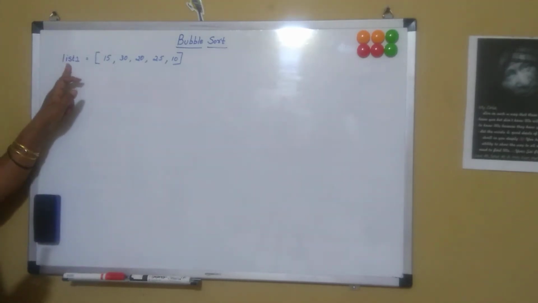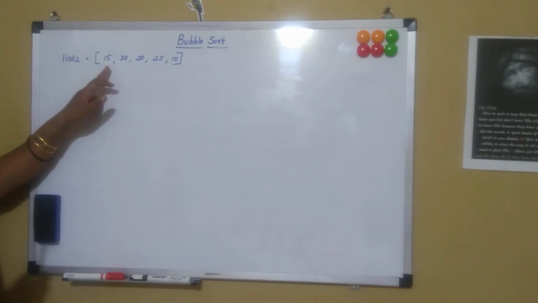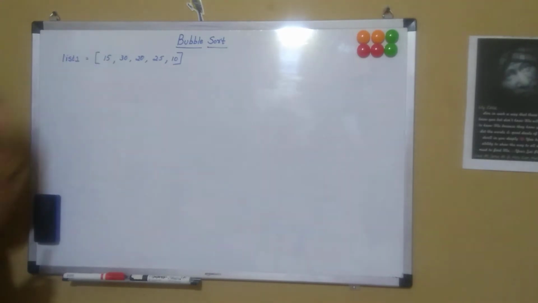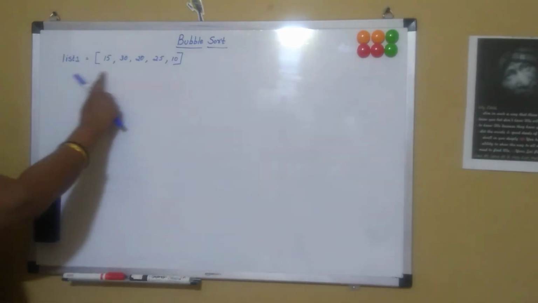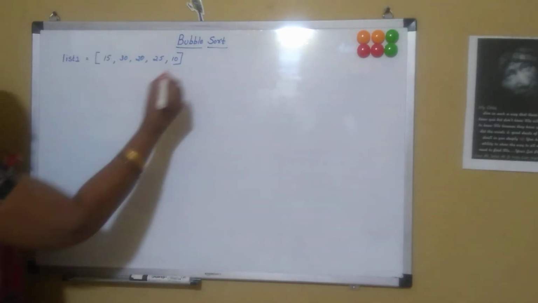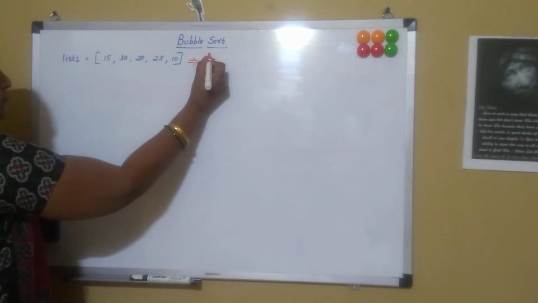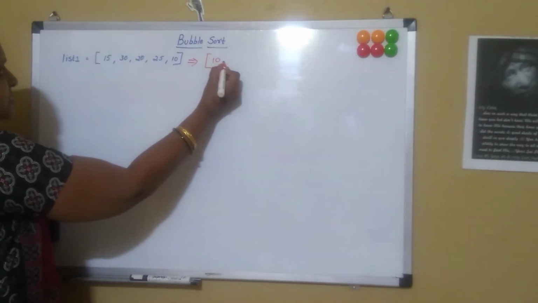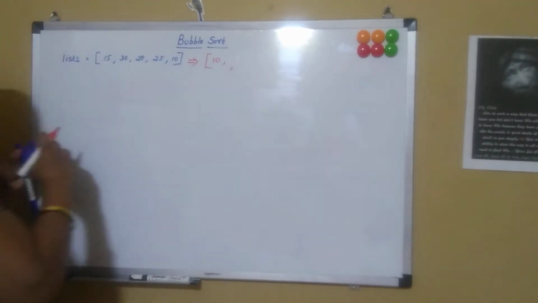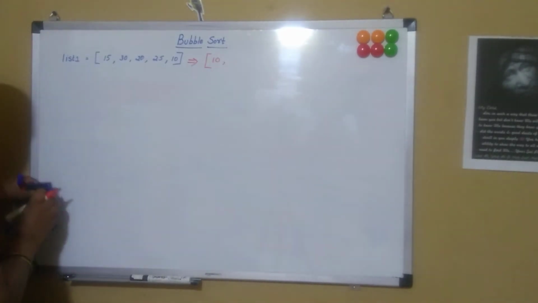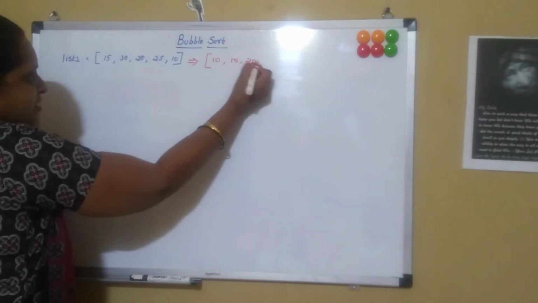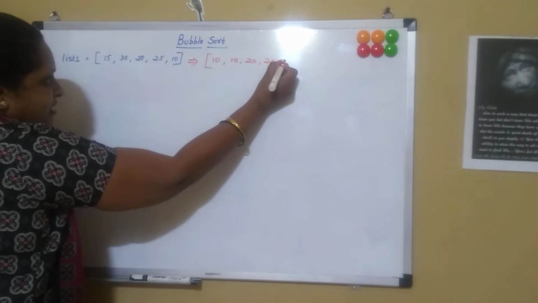Suppose I have a list called list1, which has the elements 15, 30, 20, 25 and 10. Now I want to sort my list into ascending order. So I want this particular output: 10 should appear first, then 15, 20, 25 and 30.